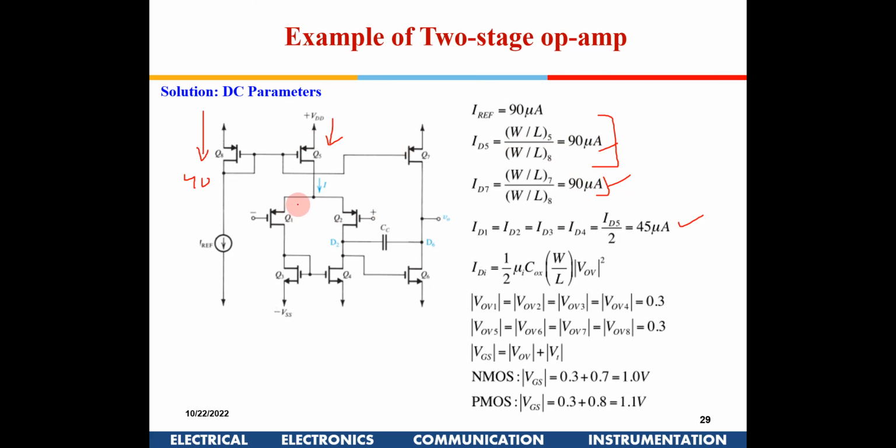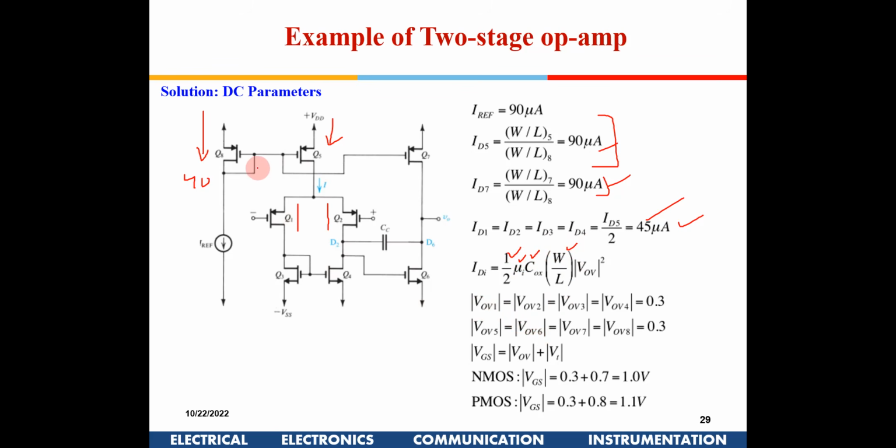Now the current in each of these branches will be half of it, because this current is equally distributed. So we come to know this current, right? And then we find the overdrive. For each of these, half is there, mu n is there, Cox is there, W by L is there, right?